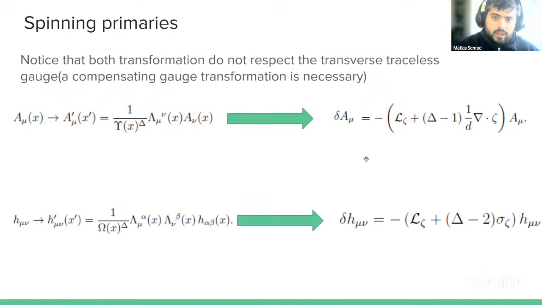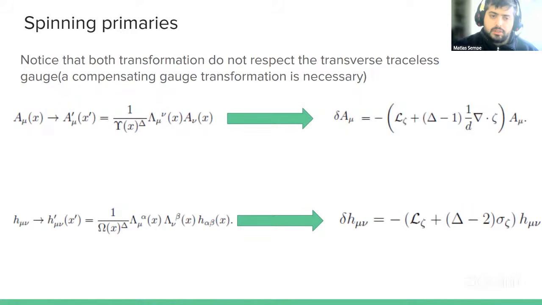Additionally, this transformation doesn't stay in the Lorentz gauge. So we will see in a few slides that this requires an additional gauge transformation if we want to stay in the Lorentz gauge.